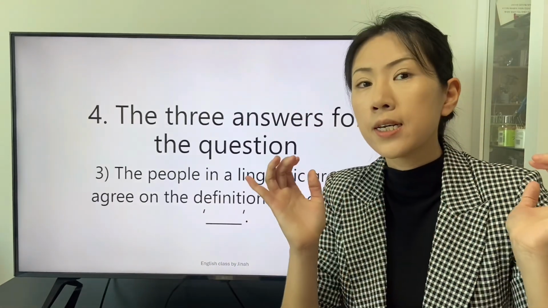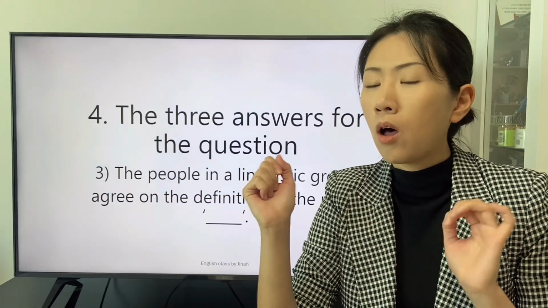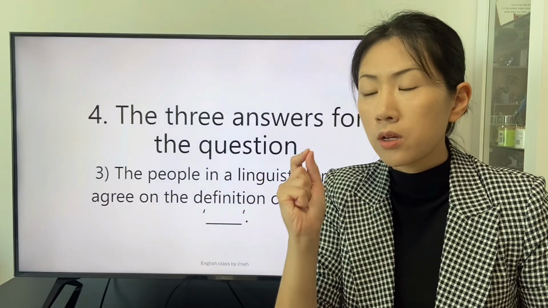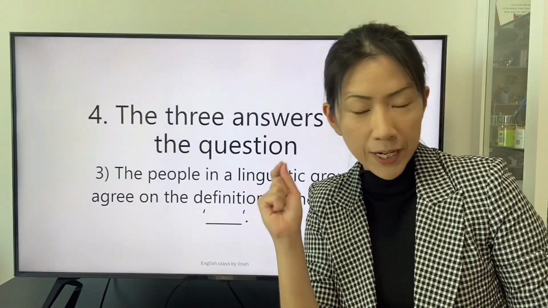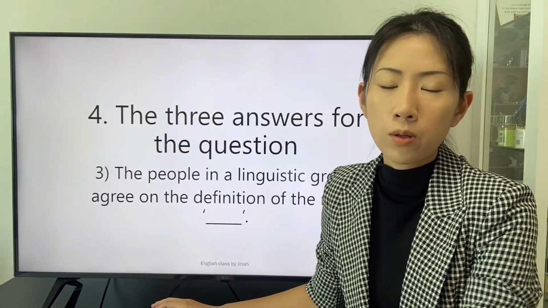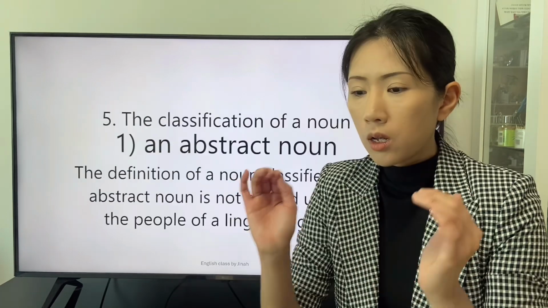The third case is that the people in the linguistic group agree on what the object is with some definitions which are correct. So let's start to study from the first case.